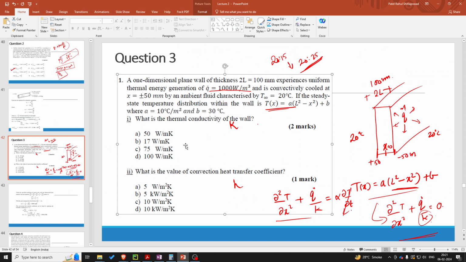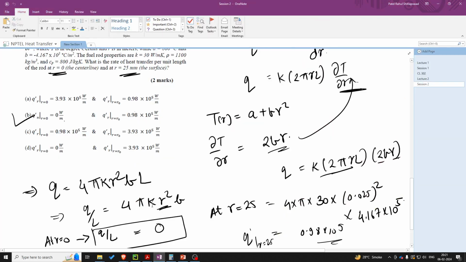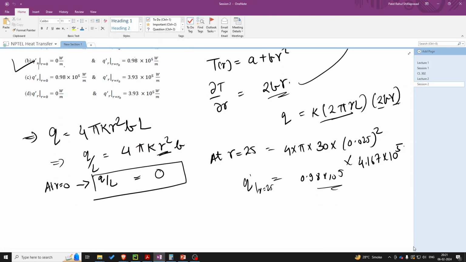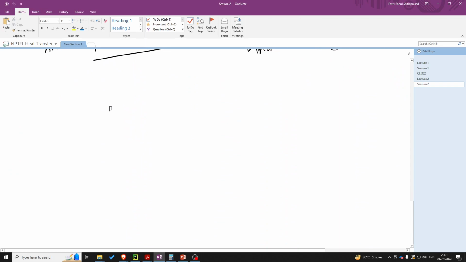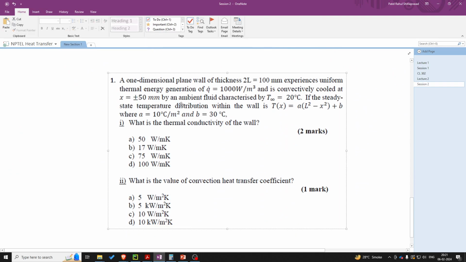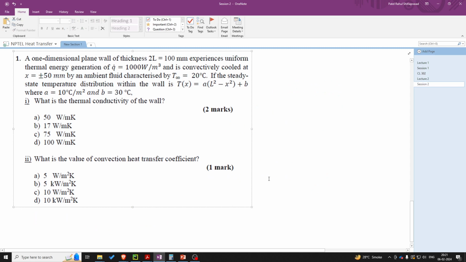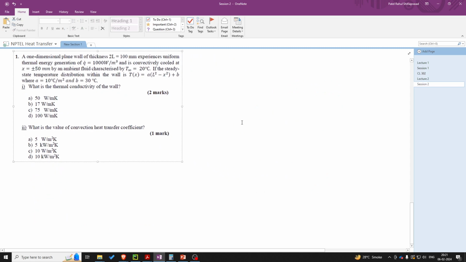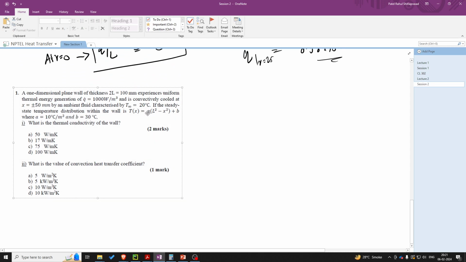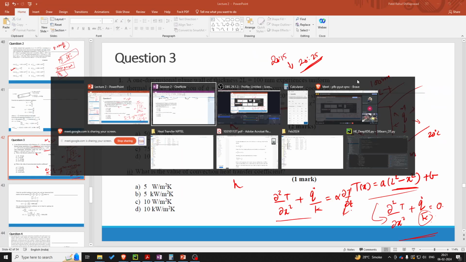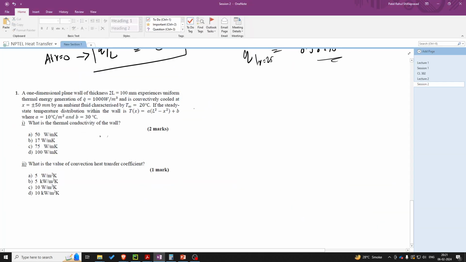Since we were discussing this question number 3, now we will just solve it. So as discussed in this slide, you had to write this three-dimensional heat equation and then equate the terms corresponding to the y direction and z direction as 0.